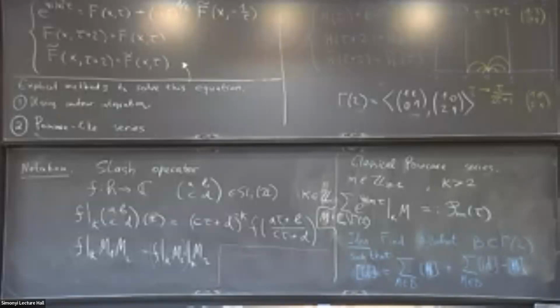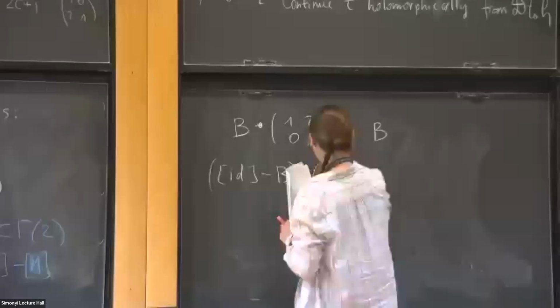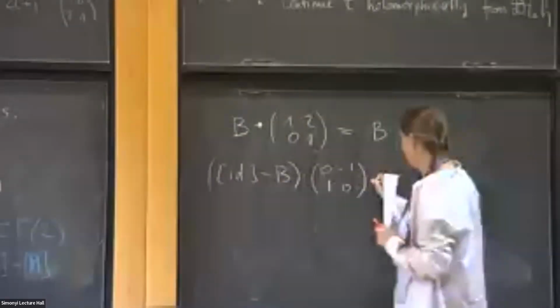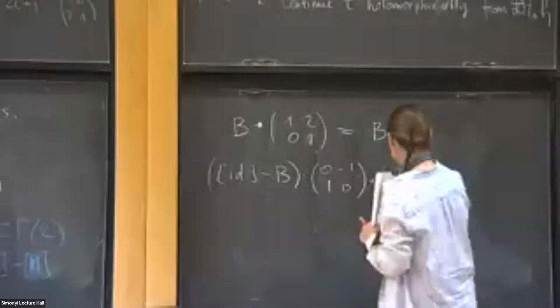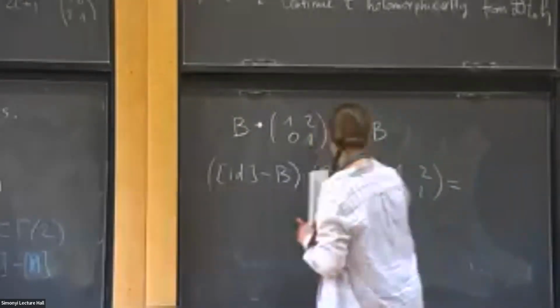And then if we take this identity minus B and multiply it by the involution and then multiply it again by the translation, then this also has to be this element here again.